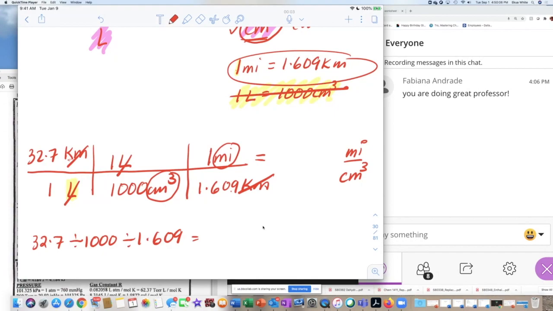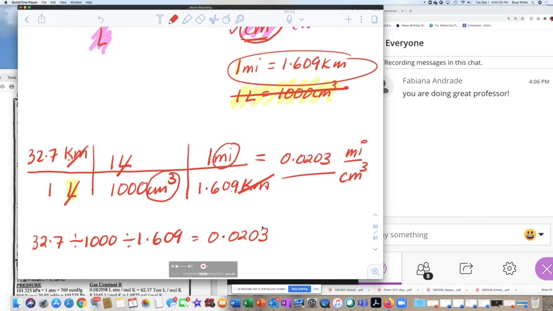What do I get? 0.0203. We haven't done significant figures yet, so I'm going to put it right here. 0.0203. Okay? That's the answer I get. Any questions about that?